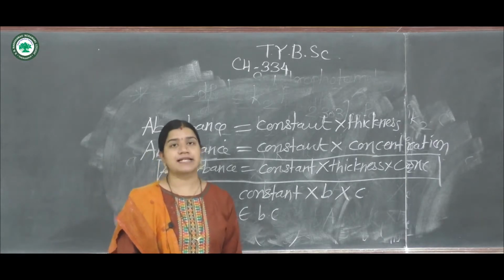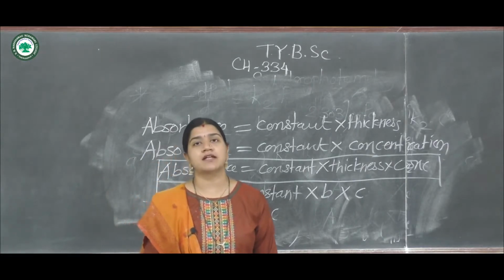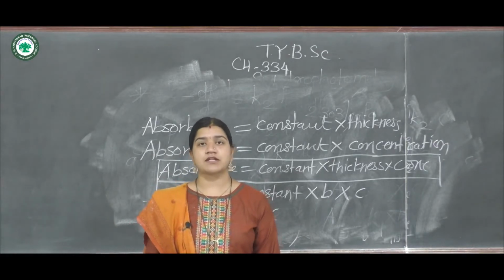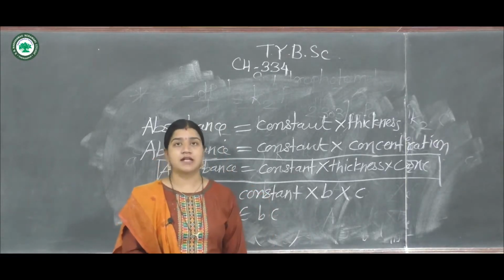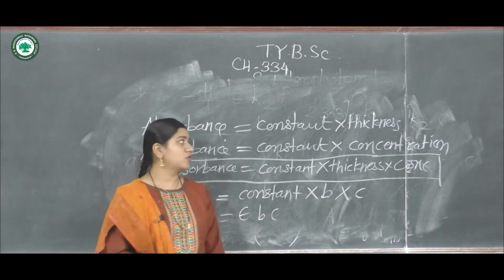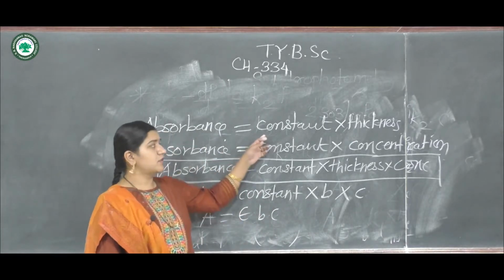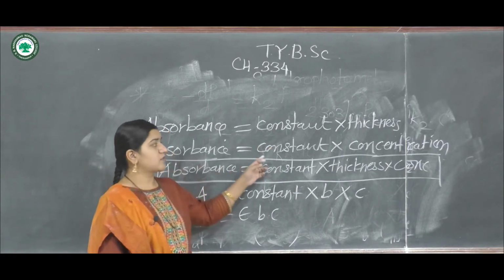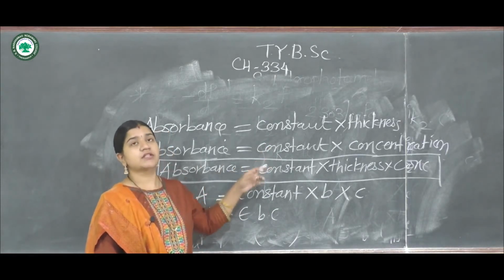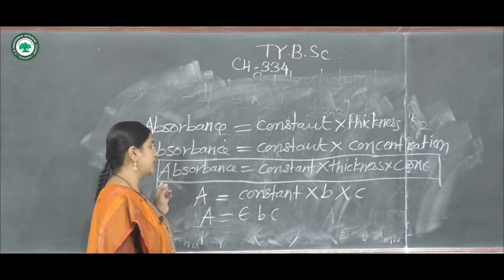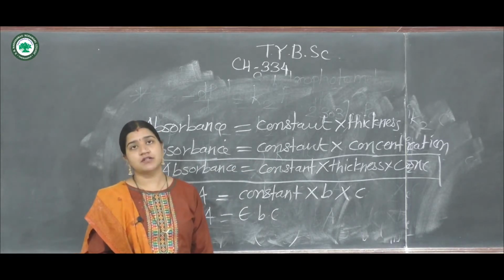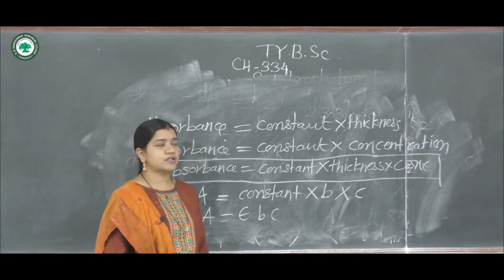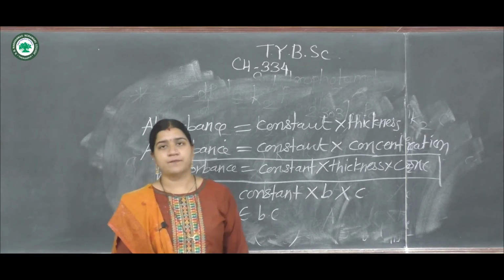In this way, as far as the laws of photometry are concerned, basically there are three laws. First is Beer's law, second is Lambert's law, and third is the Lambert-Beer's law. Lambert's law, absorbance is equal to constant into thickness. Beer's law, absorbance is equal to constant into concentration, and combining these two laws we get absorbance is equal to constant into thickness into concentration. So A is equal to constant into B into C. Okay.